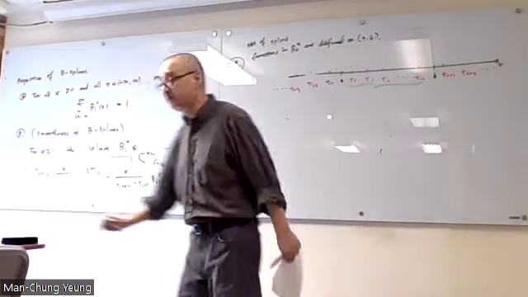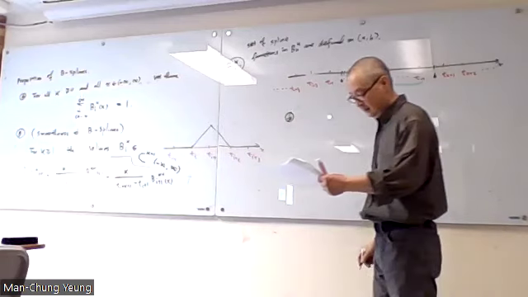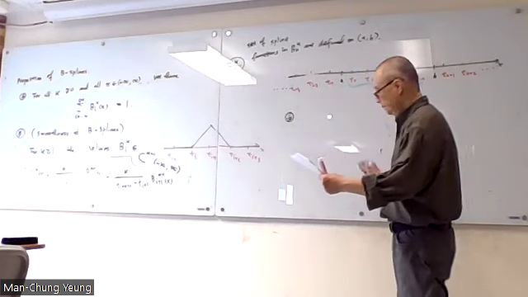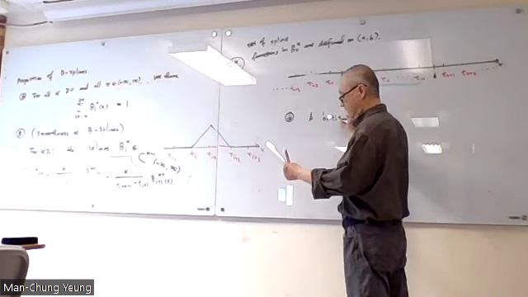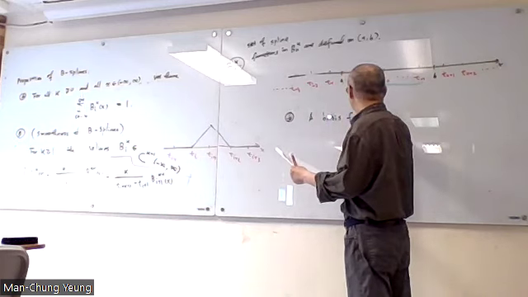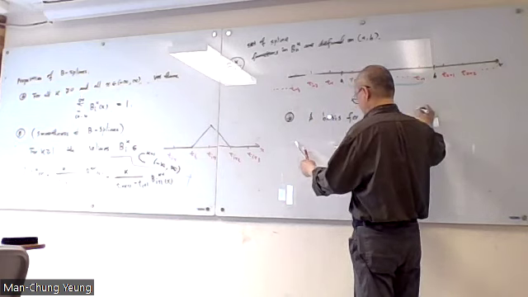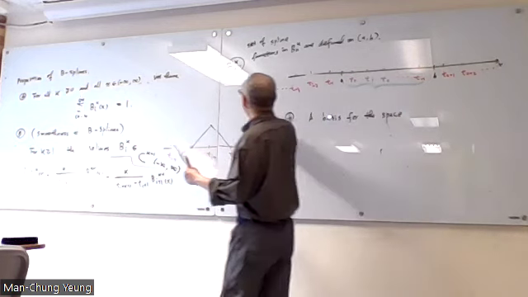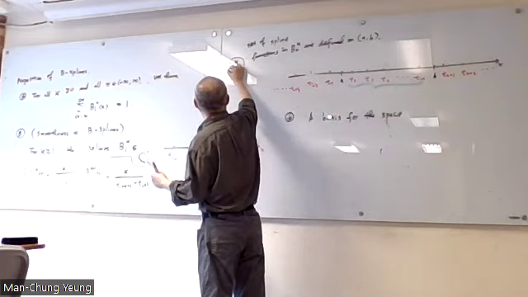The last property, number 6: a basis for the space, not B, but S. I'm sorry.